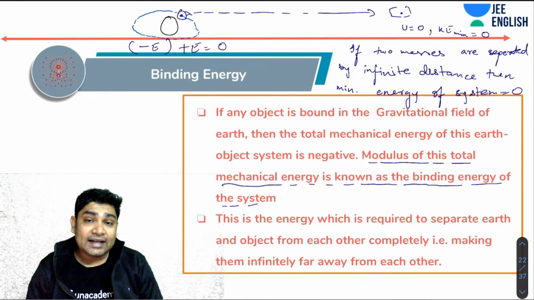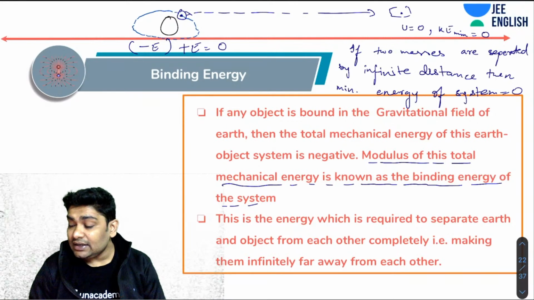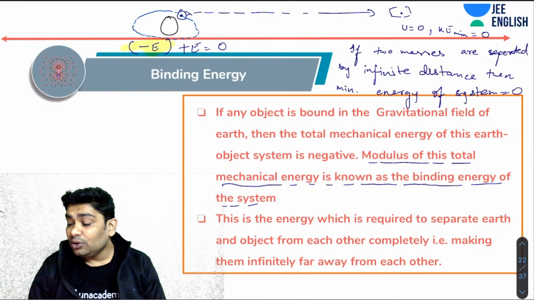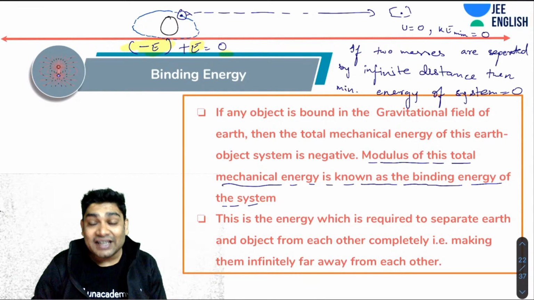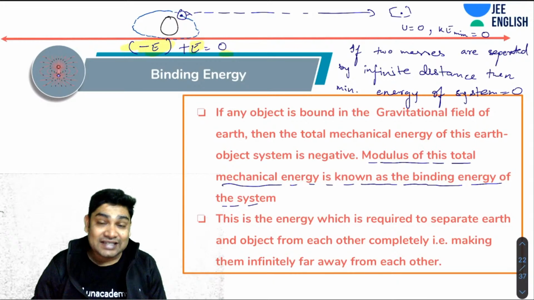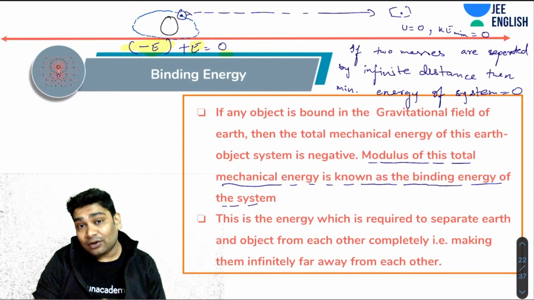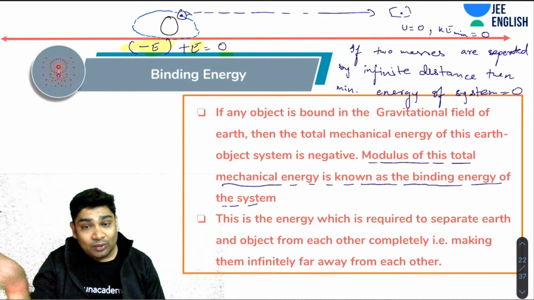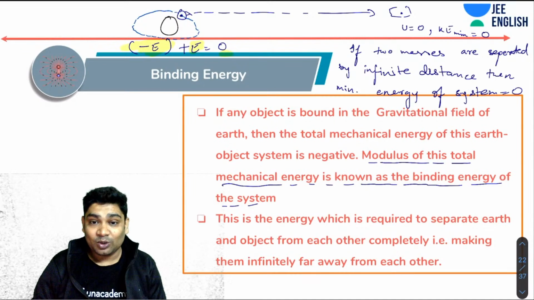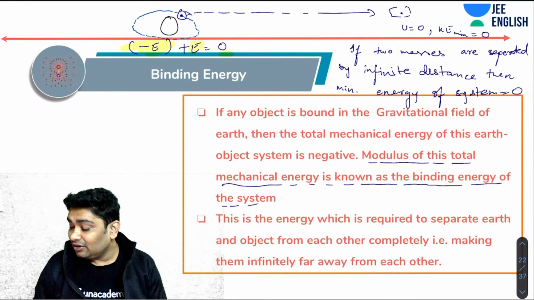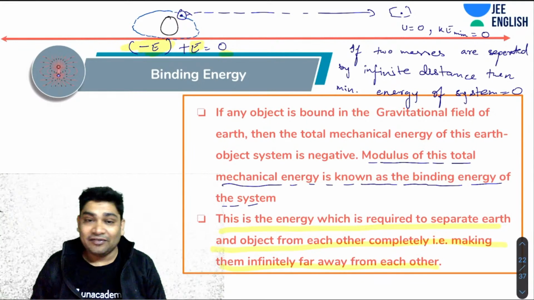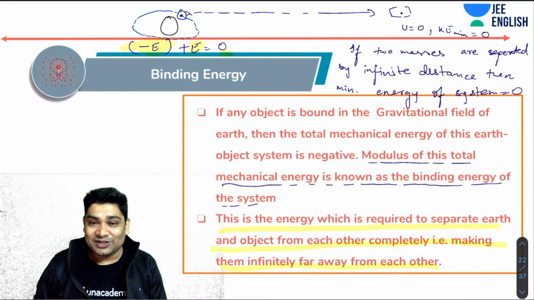So if at any stage the system has minus E mechanical energy, you can provide it plus E mechanical energy to make it zero. That is why the modulus of the total mechanical energy is known as the binding energy. This is the energy that you require to give to the system to free it from that gravitational bondage. This is the energy required to separate an object from the Earth completely, or make them infinitely away from each other. That should be easy to see.